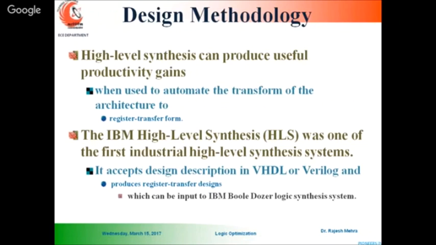Next is what? High level synthesis can produce useful productivity gains when used to automate the transform of architecture to register transfer level. So whenever you change your design from HDL to RTL, it plays a very important role in that transition.